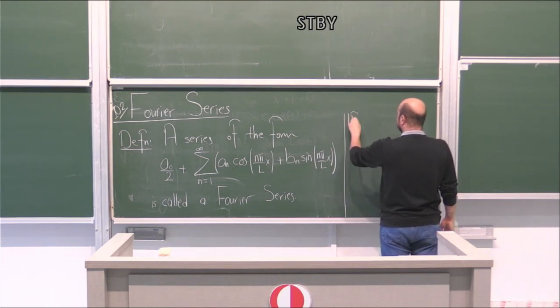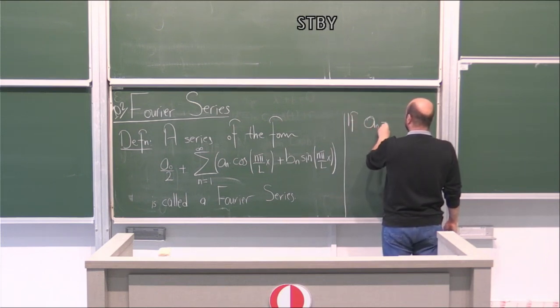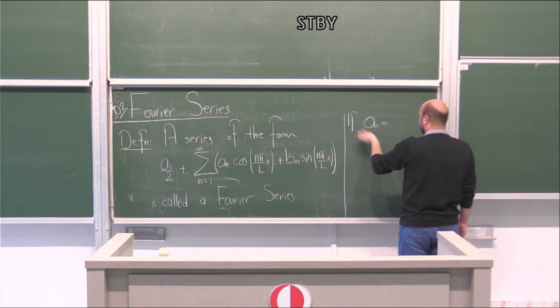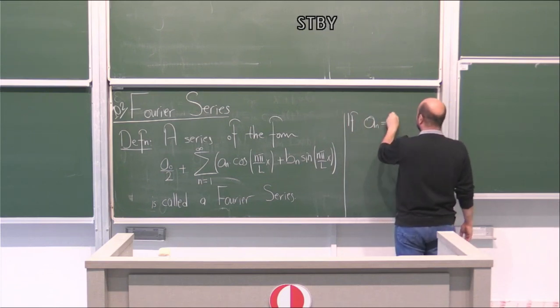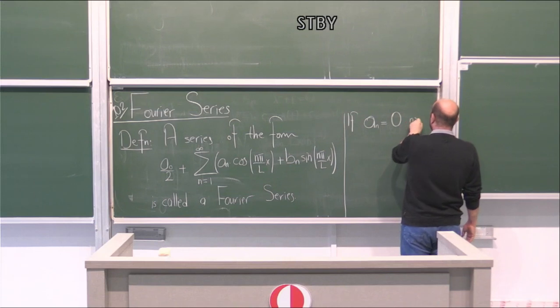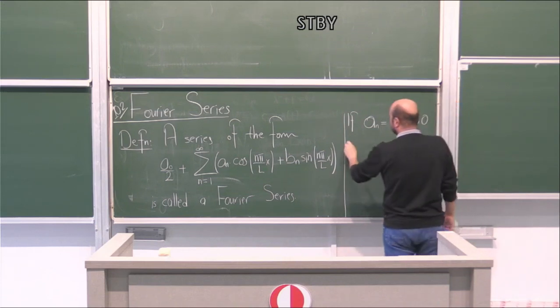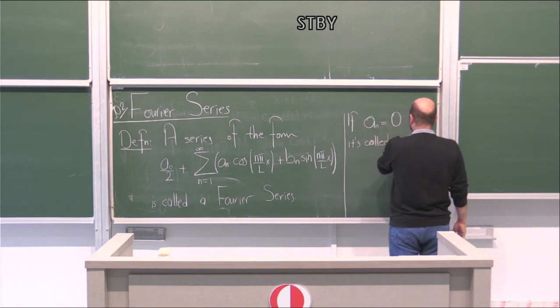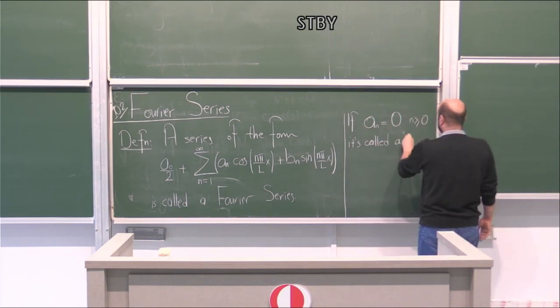If ANs are all 0 for n bigger or equal to 0, it is called a sine series.